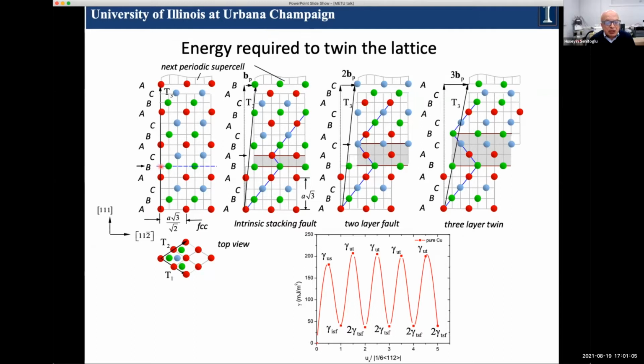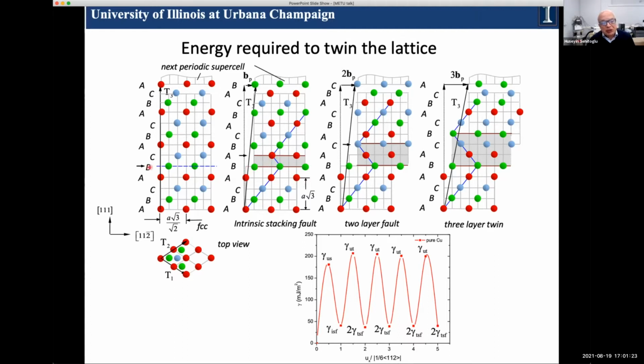You displace B in the 112 direction as shown here, and then you displace the next plane, and you get a single plane here. This is the intrinsic stacking fault.